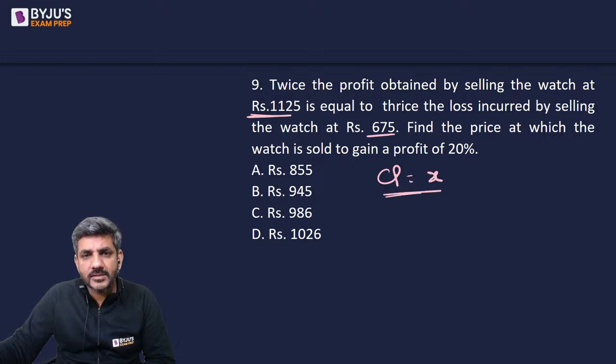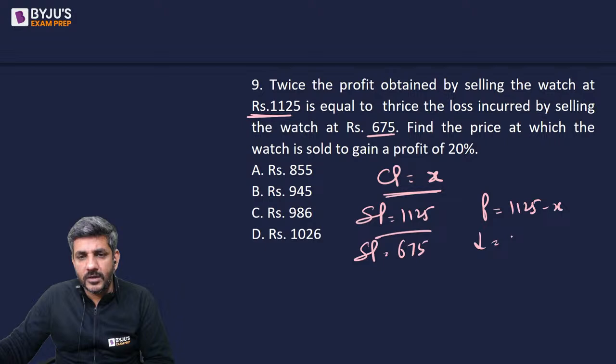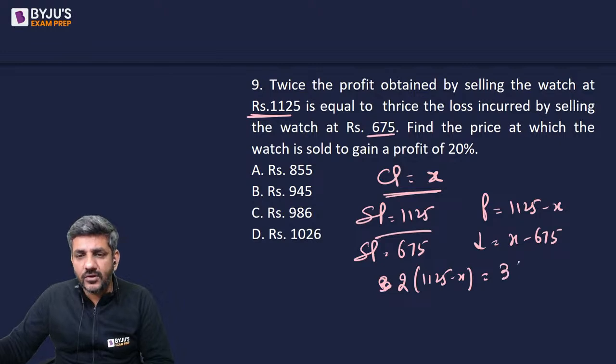Let us say the cost price is X. So when you sell it at 1125, the profit is equal to 1125 minus X. And when you sell it at 675, the loss is equal to X minus 675. And he says twice of the profit, that is twice of 1125 minus X, is thrice of the loss, which is X minus 675.